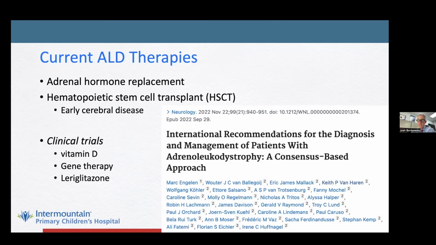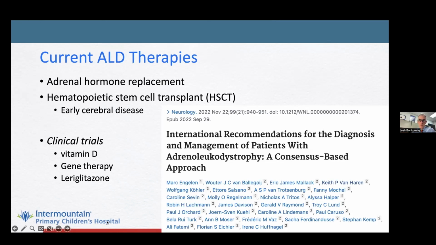For Addison's disease, for the hormone issues, the recommendation is to screen once or twice yearly, and if there are any signs of Addison's disease, to treat with hormone replacement. For cerebral ALD, if the disease is caught early, then hematopoietic stem cell transplant is the recommended course of treatment for boys.